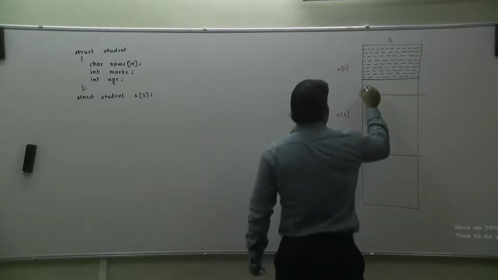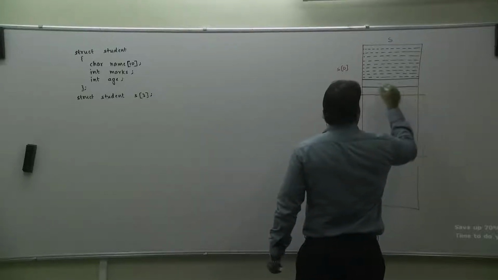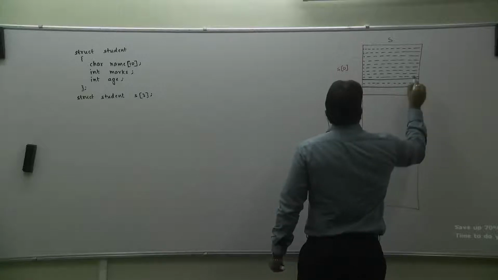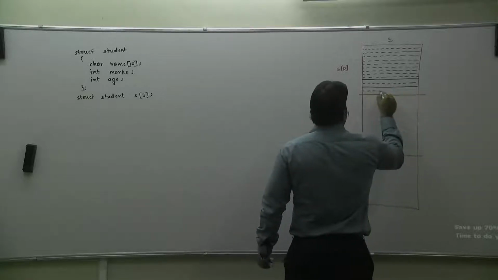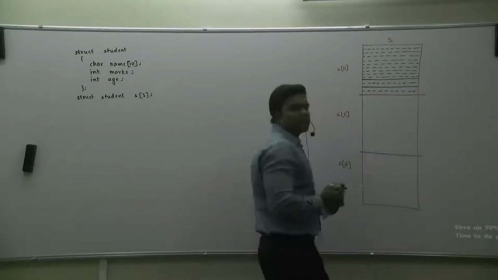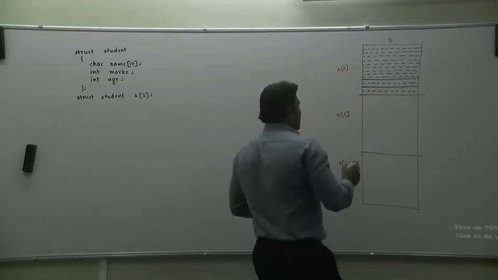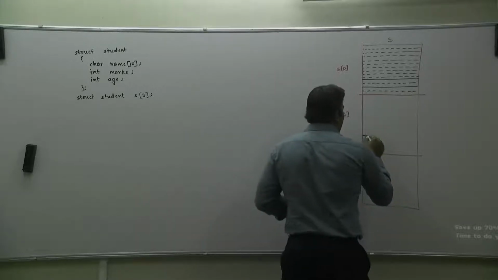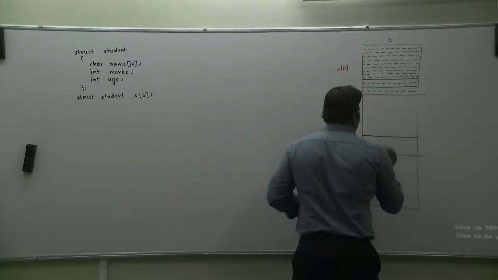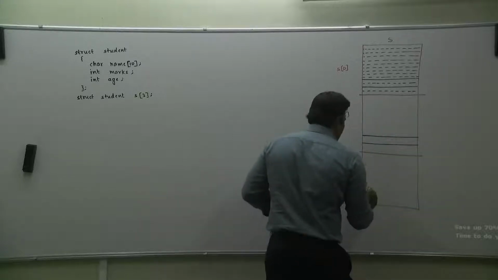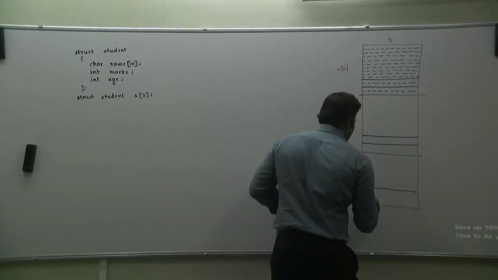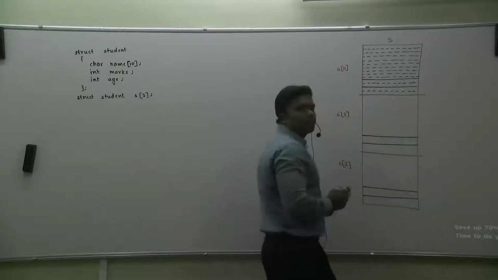Marks, as you know, is integer. So 2 bytes would be getting allocated like this. Similarly, age, 2 bytes would be getting allocated. Here also, same thing for name and then for marks and age. Similarly, for name and then marks and age.